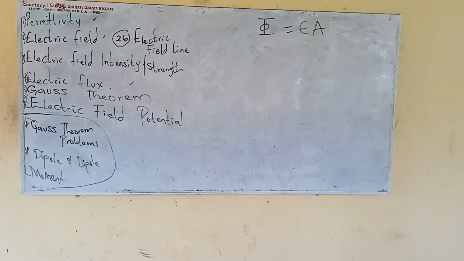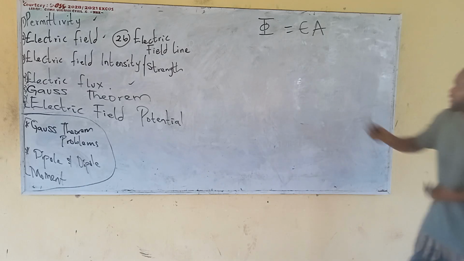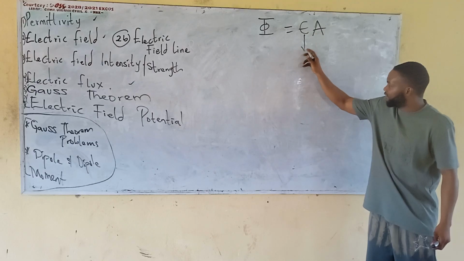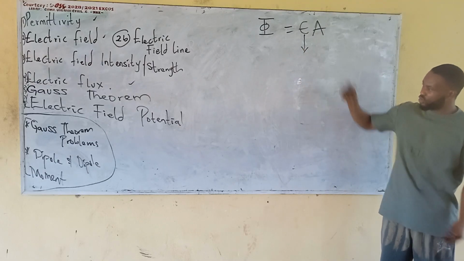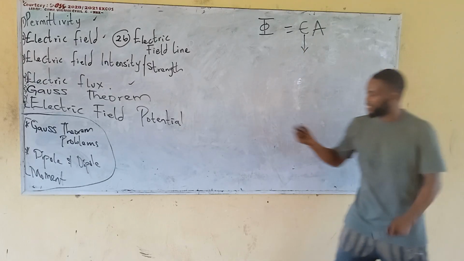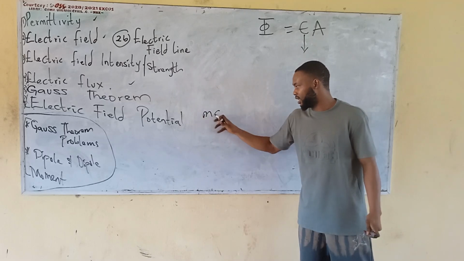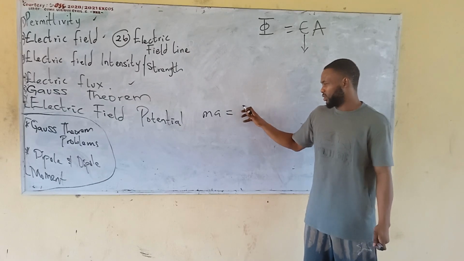While if it's electric field intensity, they are asking how much force is acting on a charge. So you get the two now. Now see, this E that I'm seeing here, if you remember from what we've done so far, we said somewhere that ma equals qE.